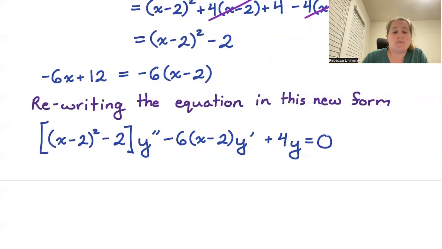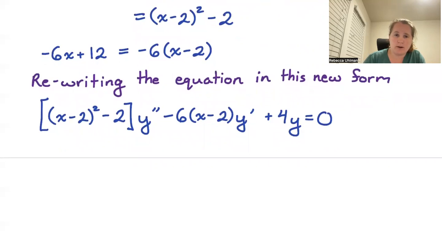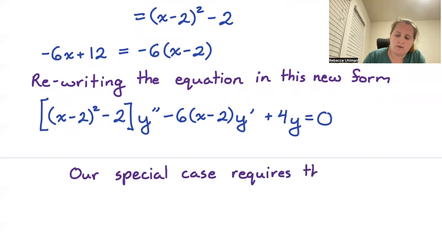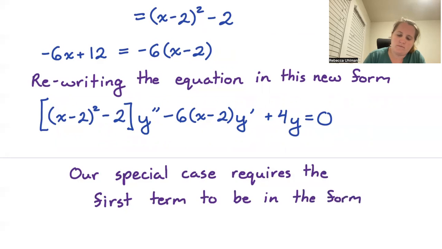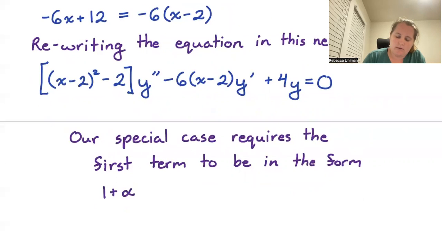Now, if we think about what our special case was, it required that first term to be of the form 1 plus alpha times (x minus x naught) squared, that whole thing times y double prime.